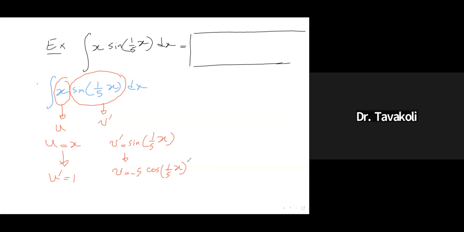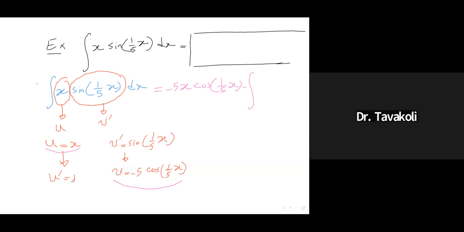So let's see what happens to this integral. This is going to be u times v, x times minus 5 cosine of 1/5 x, which is minus 5x cosine of 1/5 x, minus the integral of u prime v.